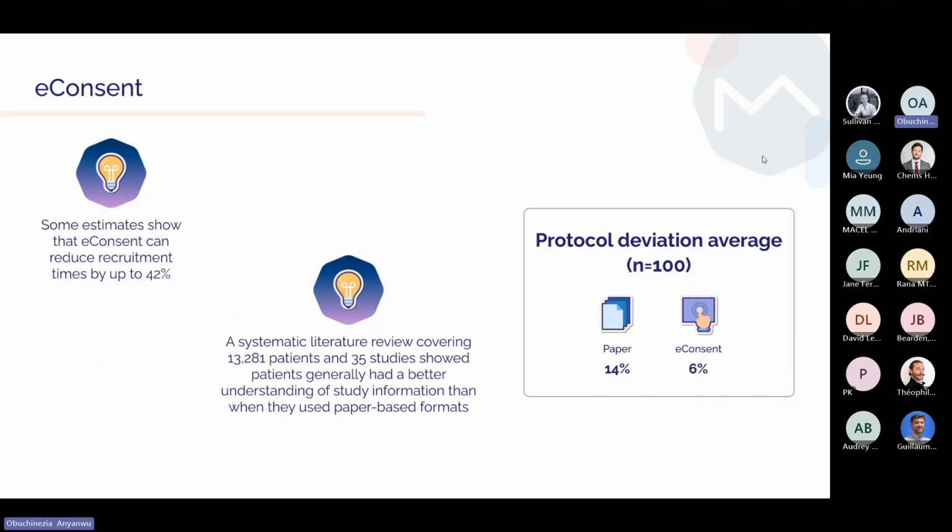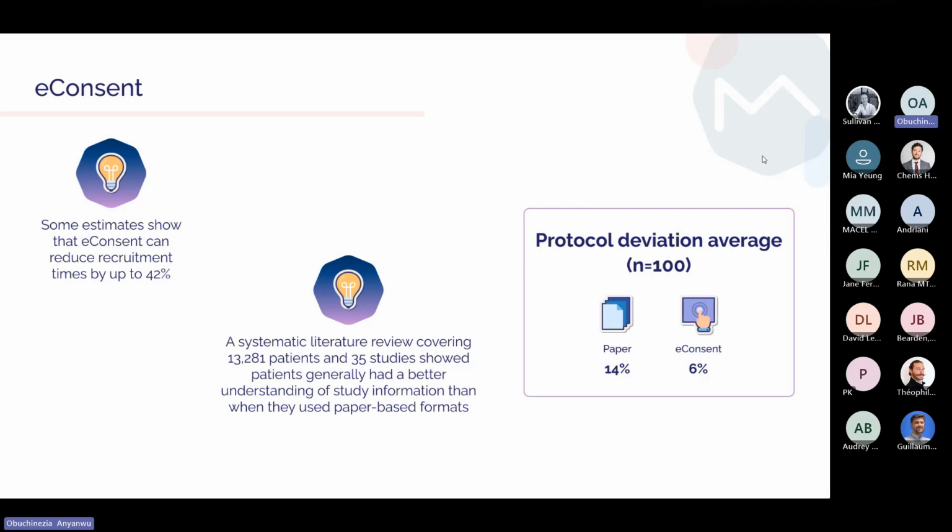So these are some reference data sets which contextualize the impact of eConsent. Going back to improving the operational efficiency of clinical trials, where there does tend to be quite a bit of waste, some estimates showed that eConsent can reduce recruitment times by up to 42%.